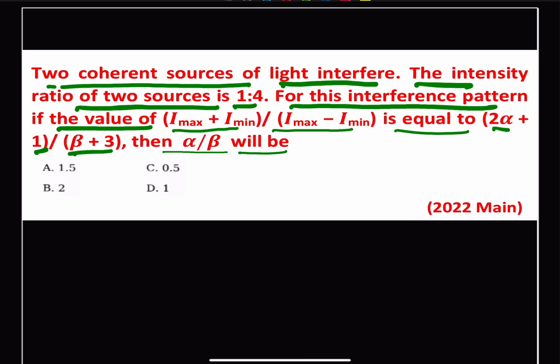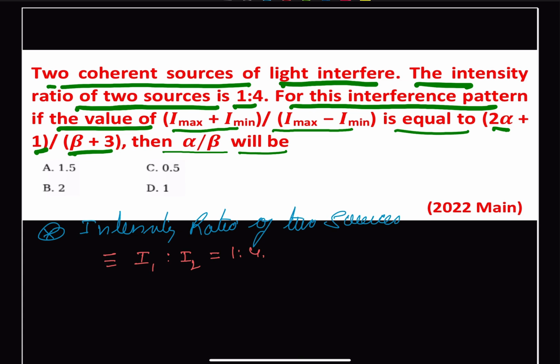So we are given that intensity ratio of two sources, that is given as I1 is to I2 is equal to 1:4.